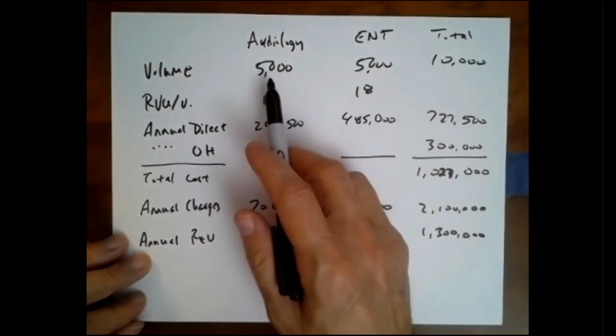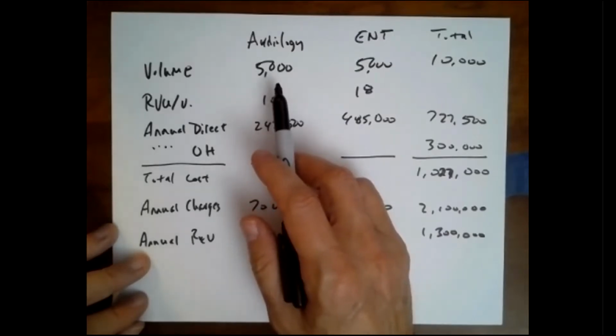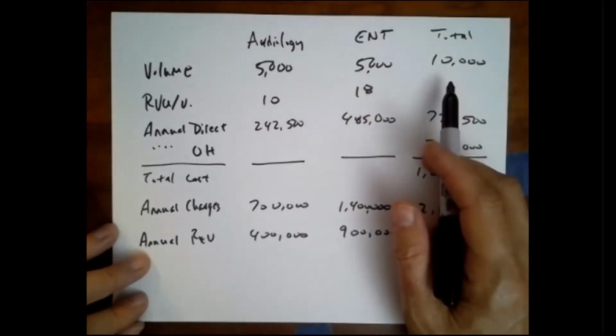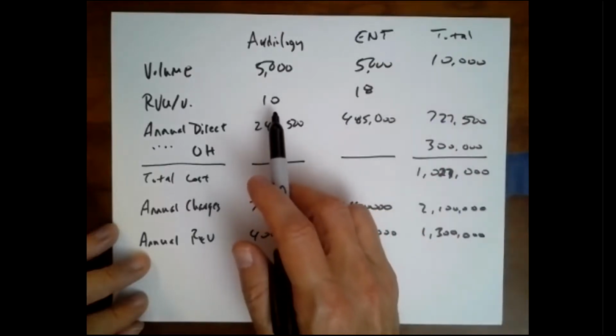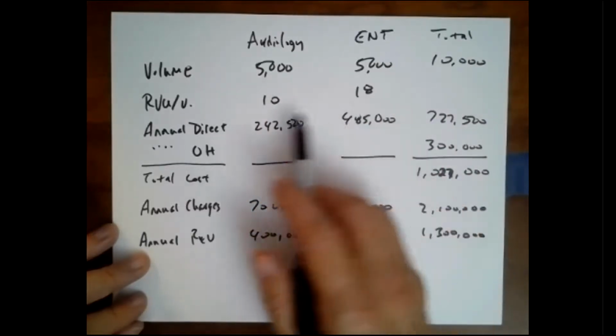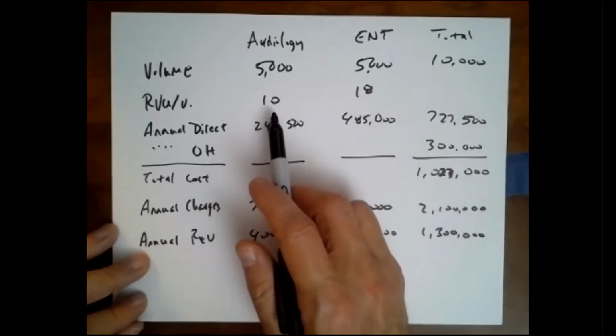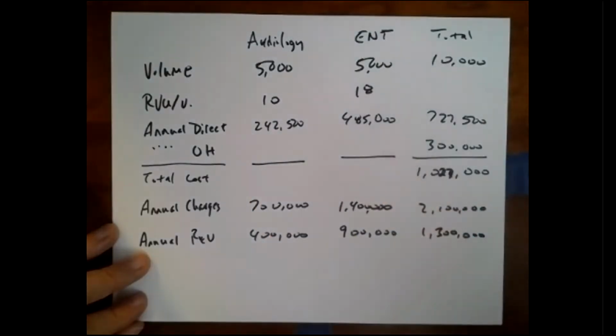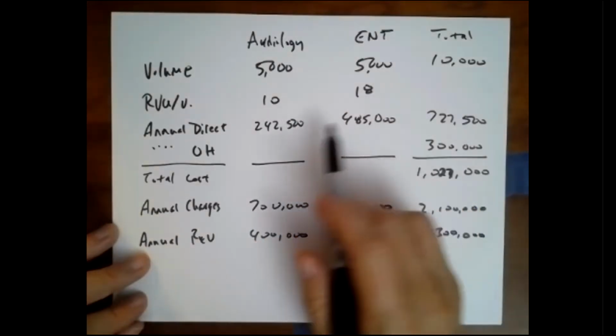Now, in this example, we're allowing both clinics to have 5,000 visits for a total of 10,000 visits. And then the difference is audiology is less intensive than ENT, so it earns fewer RVUs per visit. Now, I don't know how the book came up with these RVU numbers. They're kind of crazy numbers.